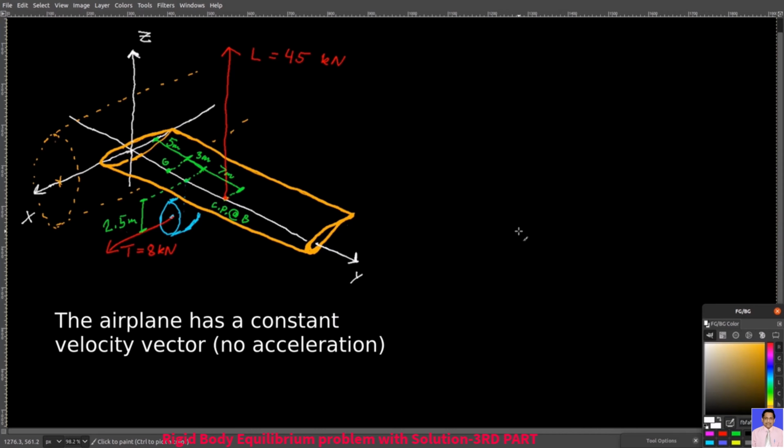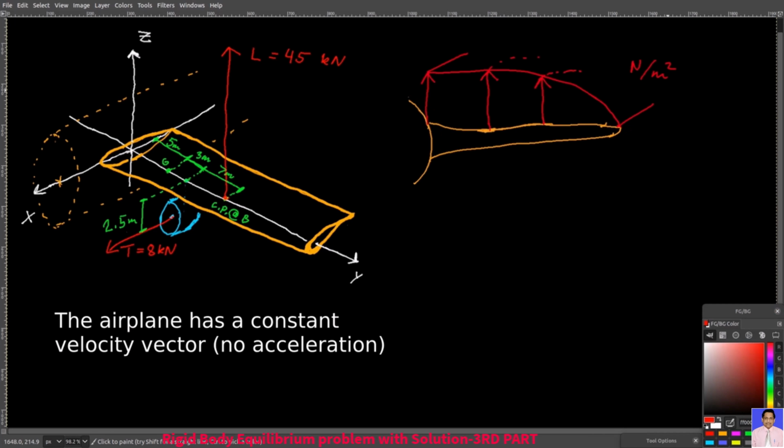Welcome back. I have an airplane wing here. Its jet engine gives you an 8 kilonewton force of thrust in the positive x direction. The wing also generates 45 kilonewtons of lift. In reality, the wing experiences upward lift distribution across the entire wing's top surface area.